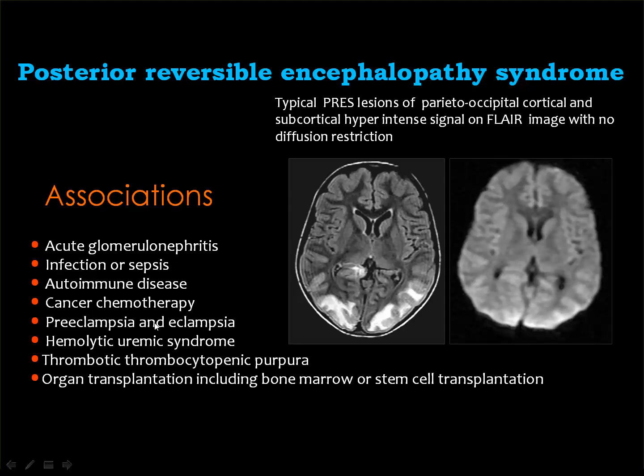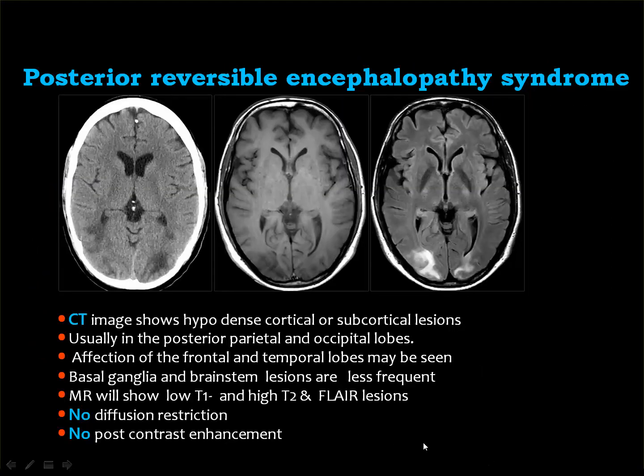The causes, according to the literature, are sudden increase in the blood pressure, acute glomerulonephritis, infection, autoimmune diseases, cancer chemotherapy, preeclampsia and eclampsia, hemolytic uremic syndrome, thrombotic thrombocytopenic purpura, and organ transplantation. These are the possible causes for this appearance.